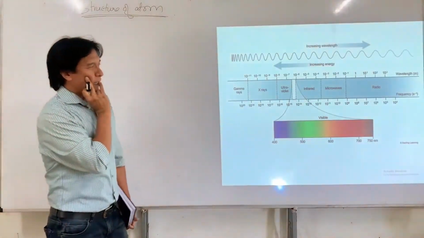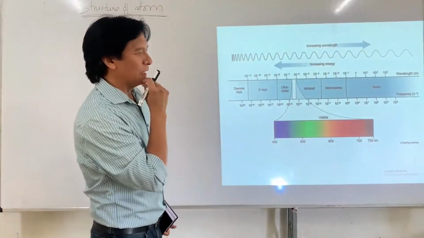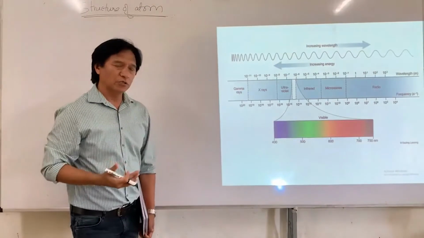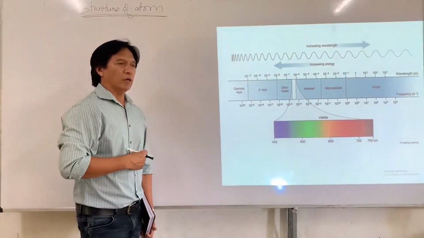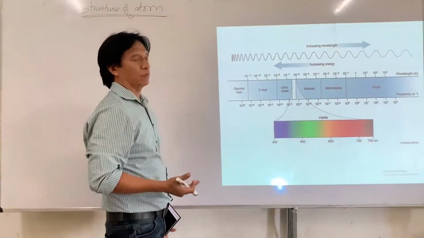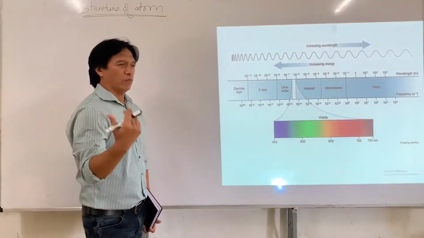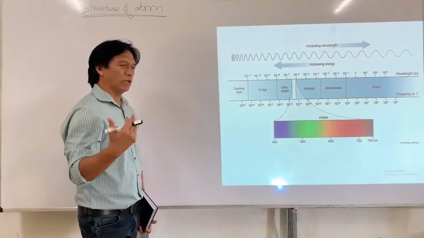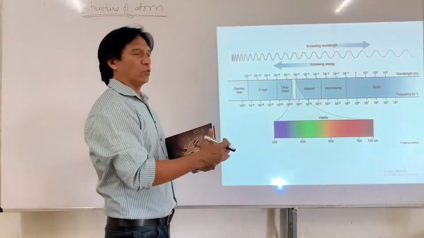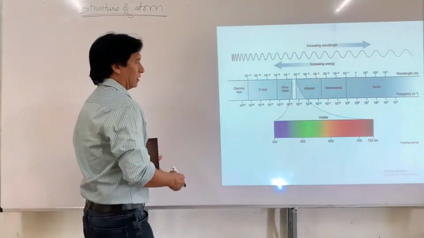That's it. Now we've seen that there are different types of electromagnetic radiations which differ from one another in their wavelengths or their frequencies. These different electromagnetic radiations constitute what is known as the electromagnetic spectrum.